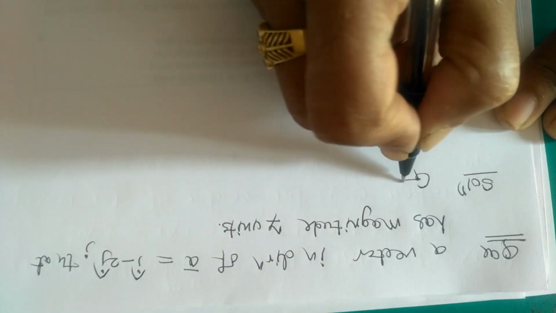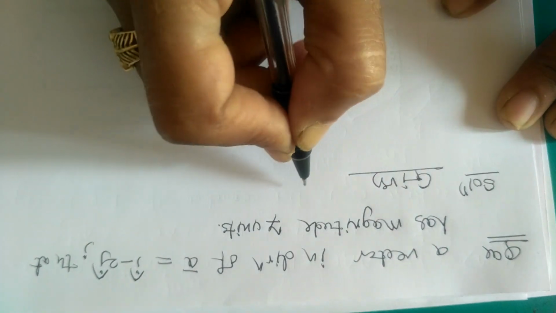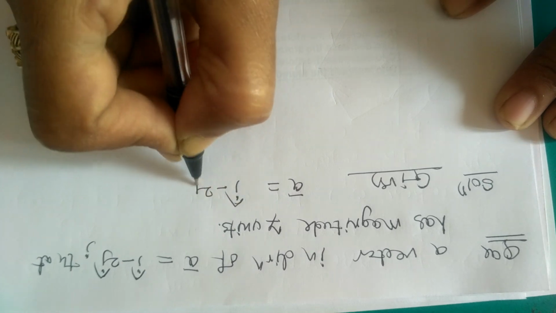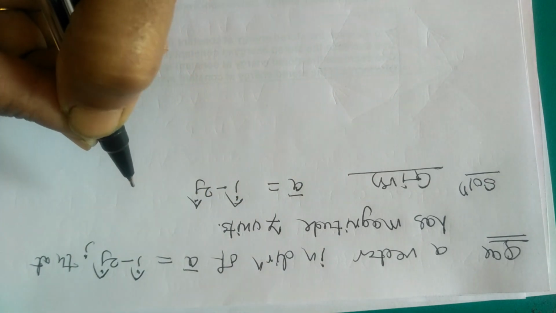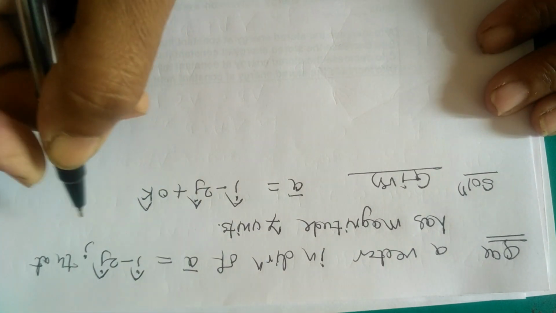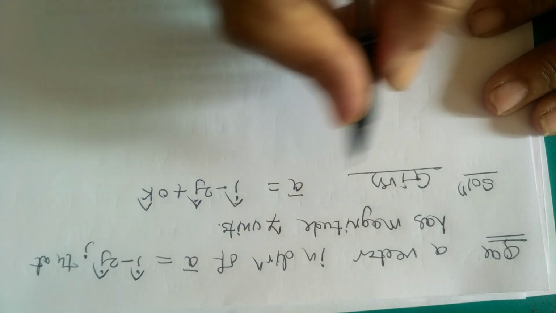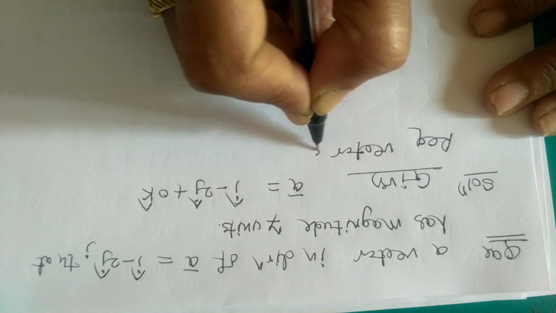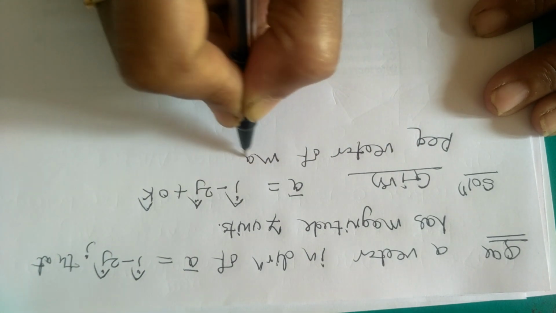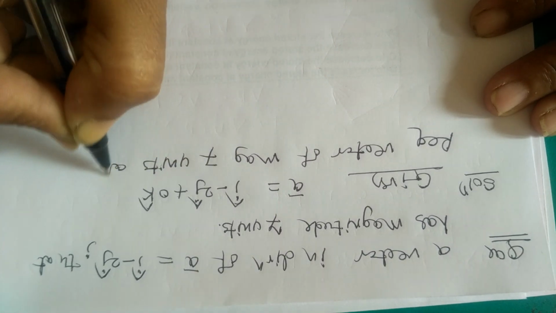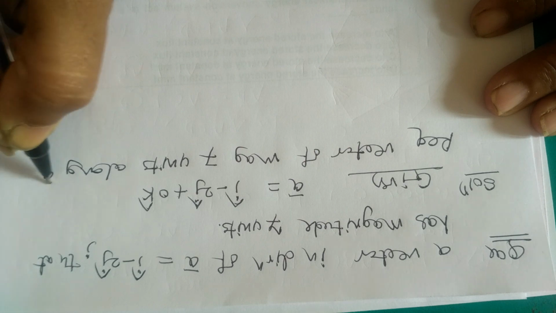For this solution we take given a bar as the vector whose direction is given, i cap minus 2j cap, and we may write 0 k cap here. To find the vector which has magnitude 7, the required vector of magnitude 7 units along a bar.